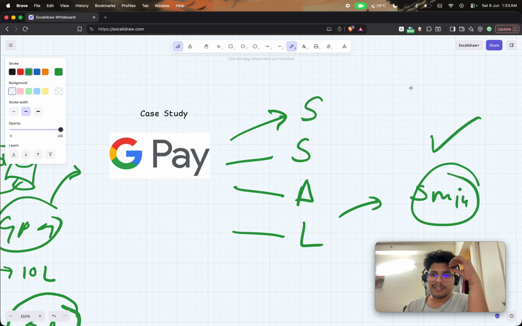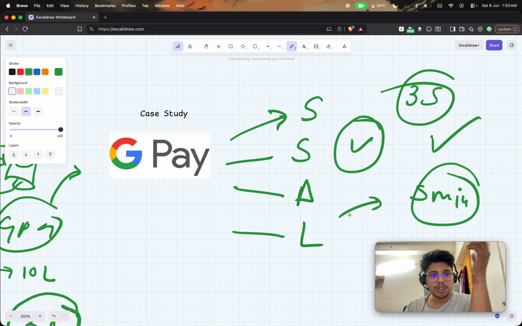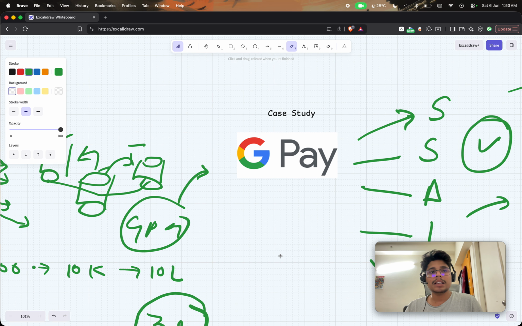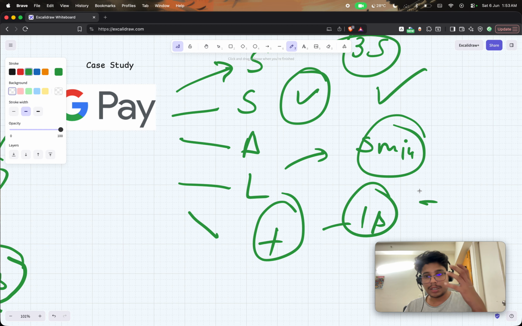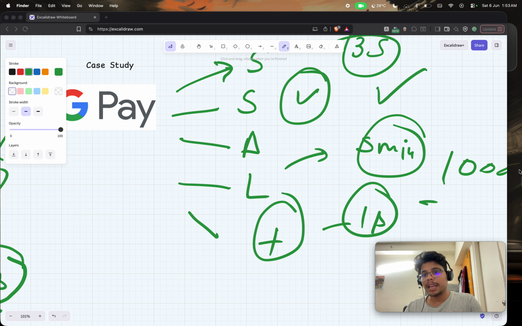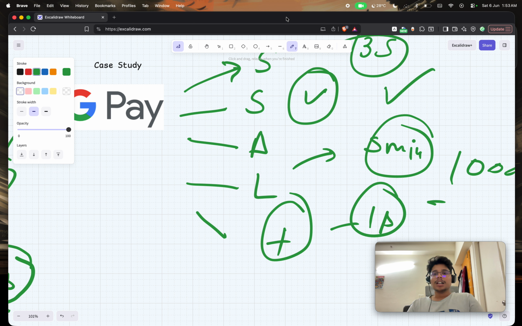It takes roughly 3 seconds to complete all the payment procedures, and you get a single tick sign and you're good to go. And the other part is throughput: at a single moment, in a single second, roughly 1000k people are using Google Pay and everyone gets a smooth experience. So that's it.